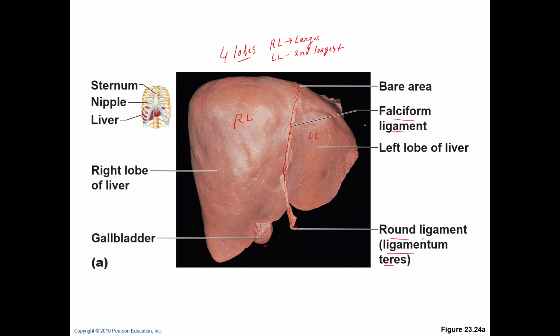So the falciform ligament separates the two lobes, and then it becomes the round ligament or ligamentum teres to hang the liver to the wall of the abdomen.